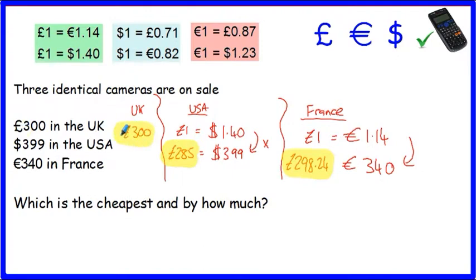Which is the cheapest? The USA is cheapest. Now remember, you could have had all of these in pounds, all of them in euros, or all of them in dollars, and you would have got the same. Which is the cheapest, and by how much?